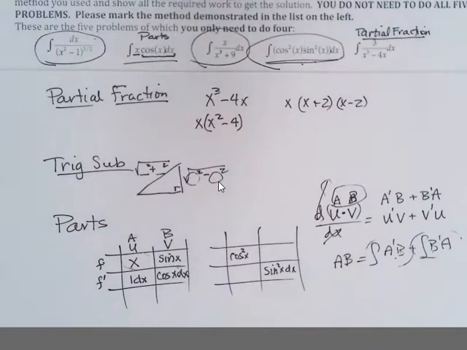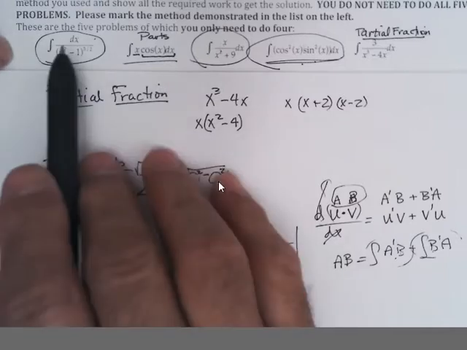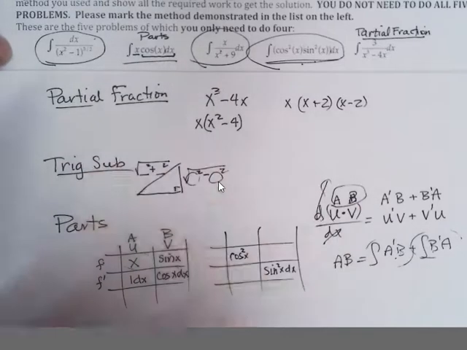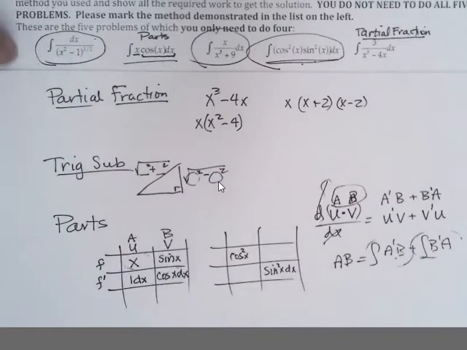So again, your goal is to demonstrate you know how to do these methods. And when I scored this test, the first thing I'm giving you points for is, have you demonstrated each of these methods? If you have, you get your 8 points. Or have you at least chosen correctly for which ones to do them on.